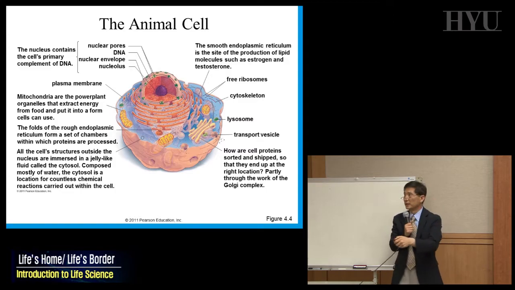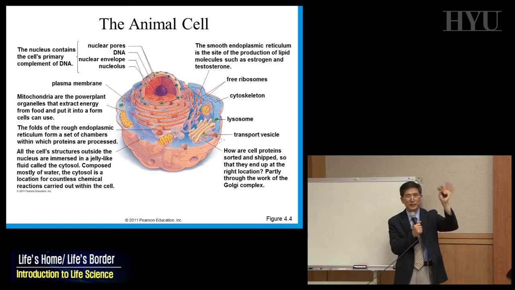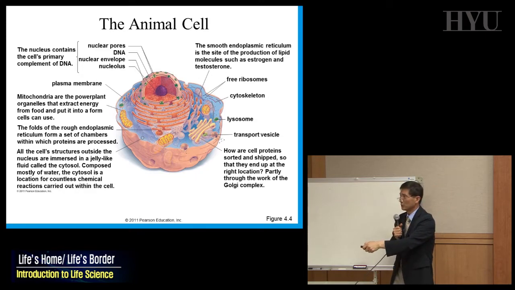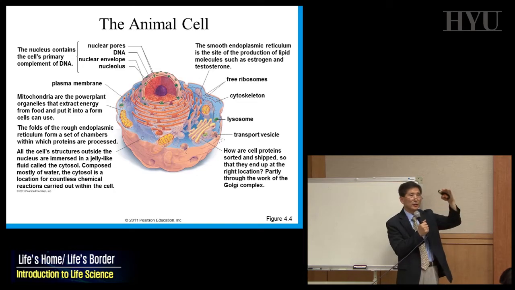We'll come back to it. Inside the nucleus, there's another round structure called the nucleolus. Don't worry about it. Just remember the nucleus, the bigger one. That's the control center. All the information is stored in there.